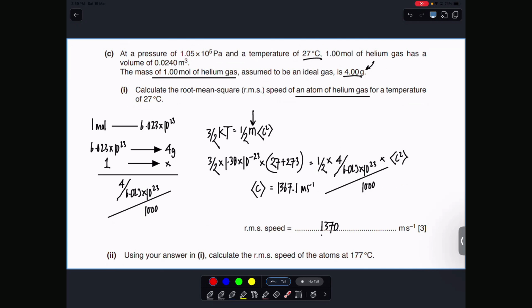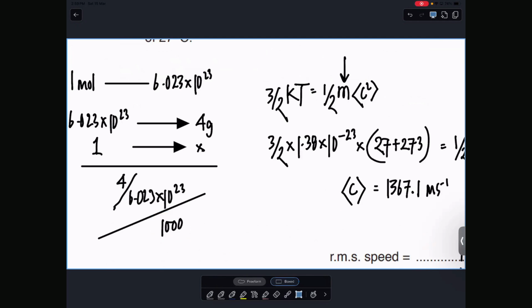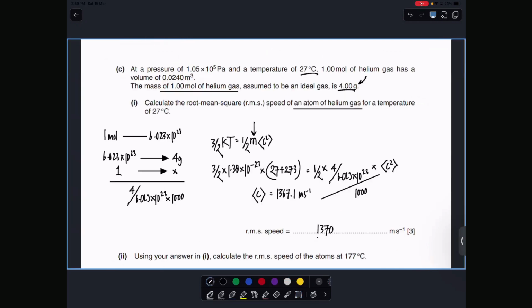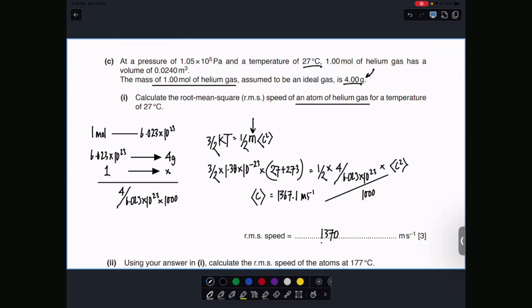Minus 21. Divide by 1000. Oh, right. It's going to be here. Yeah, because 4K divided per C with 1000, right? So it should be here. But yeah, even after that, it doesn't show up. 26.